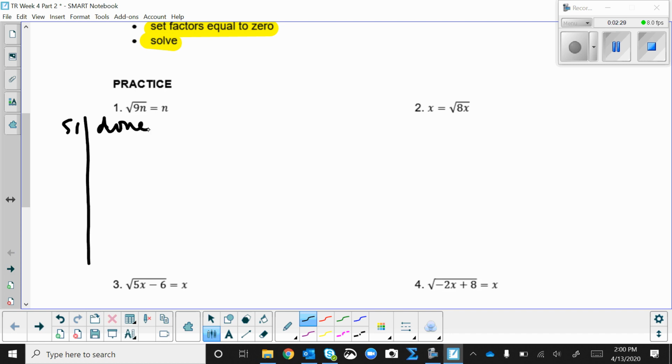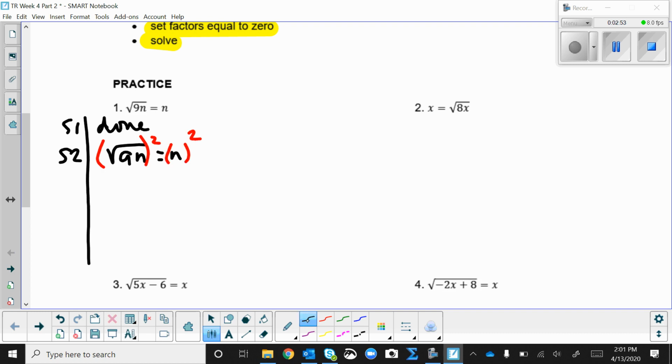Okay? So step 2, raise both sides to the power that cancels out the radical. So here's the original equation. What power do you have to raise both sides to? 2, right, to get rid of the square root.